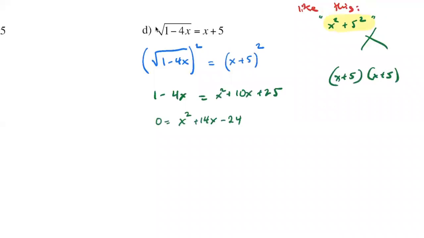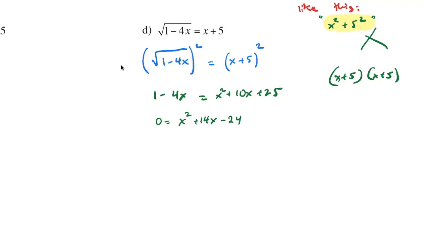Does this one factor? So what are the 2 factors of 24 that give 14? Oh, 12. Yeah, there's a mistake. Can you guys see the mistake there? 12 and 2, so 12 minus 2x? Yes.